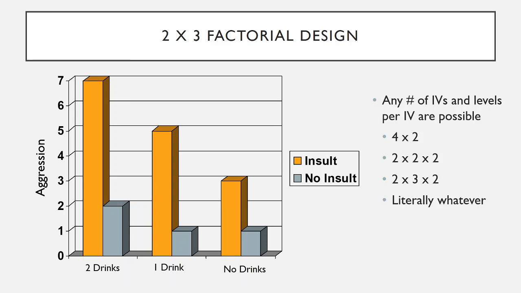For example, if I wanted to transform this same 2x3 design into a 4x2, I could just make 4 alcohol conditions: a no alcohol group, a 1 drink group, a 2 drink group, and a 3 drink group. If you think the 3 levels of alcohol cuts it, you don't need to make it more complicated than minimally necessary to properly evaluate your hypothesis. But if you wanted to have 4 levels of alcohol, you can do that. It would be a 4x2 design.